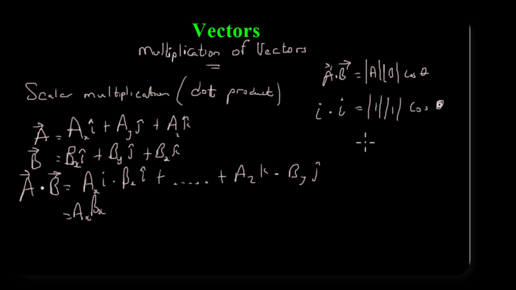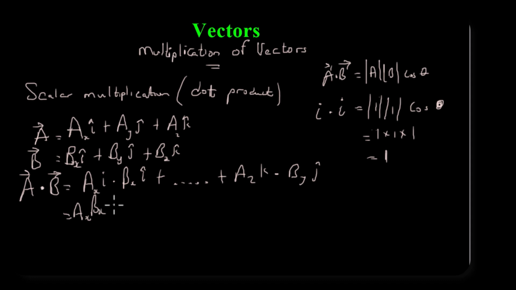Now, cos of 0, we know that will give us 1. So this is simply 1 times 1 times 1, and this is simply equal to 1. So when we say i squared, I think I mentioned in our previous video, when we were squaring i, that it returns just a value of 1. So this is where we got that from.